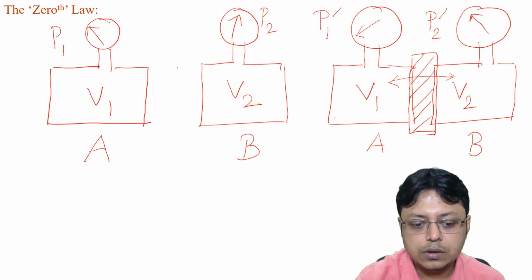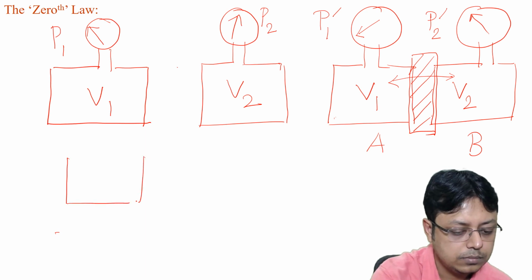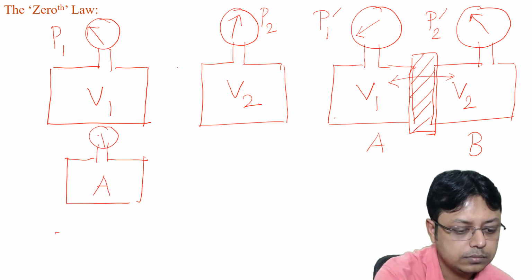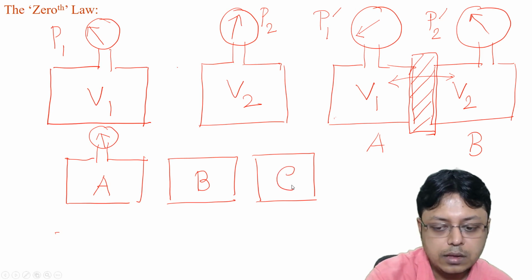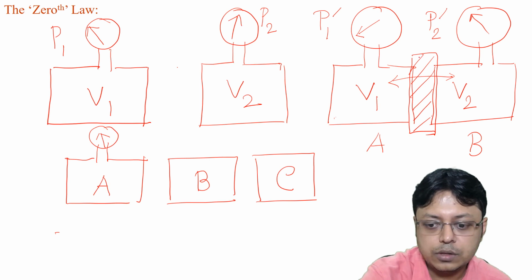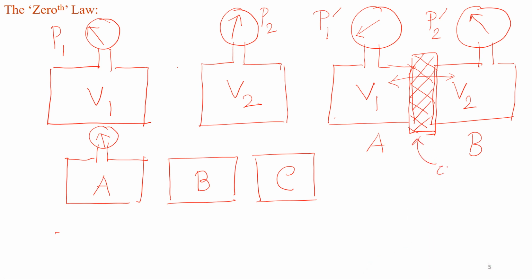Now consider that we begin with three systems, where the first system, as before, we denote as A, the second system as B, and the third system as C. In the earlier case, when we made contact between these two systems through this conducting wall, heat can flow freely across the boundary, which means systems A and B are in thermal equilibrium.